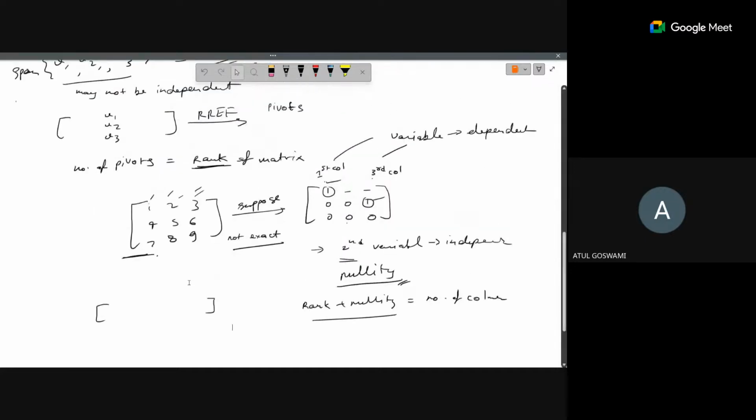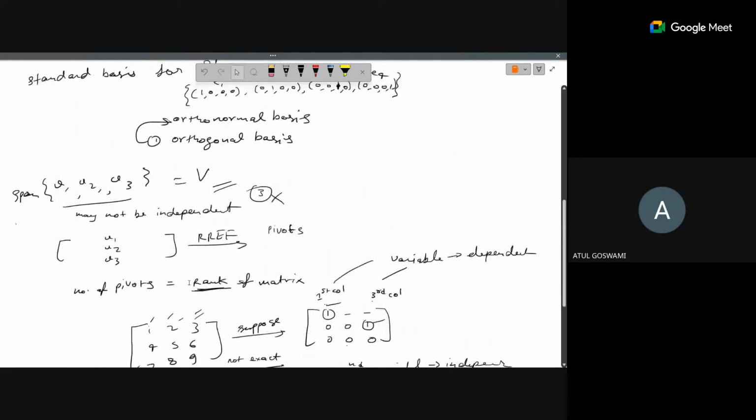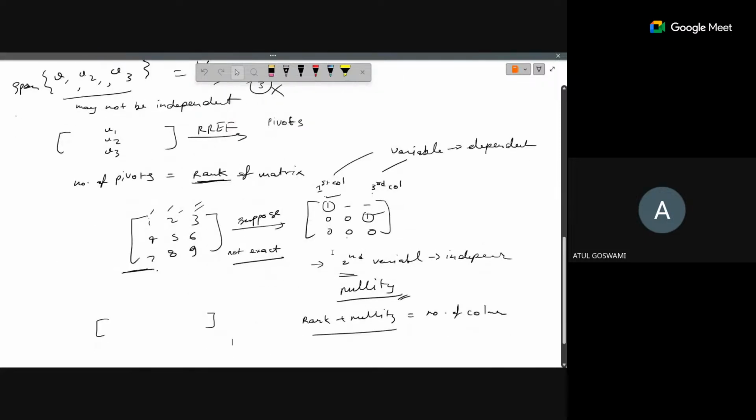So the main point that you should remember here for Gaussian elimination is, we take this matrix. This matrix could be rectangular, okay. I mean the determinant may not be defined. In every case, we just reduce it to the RREF and look for the pivots.